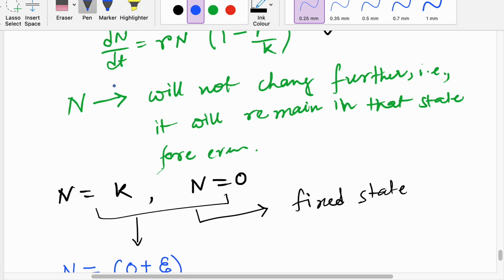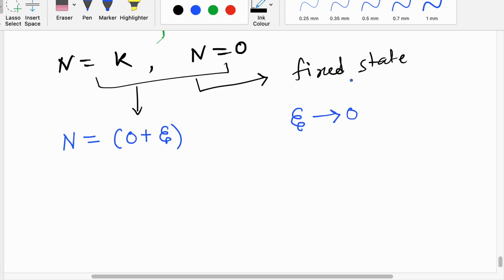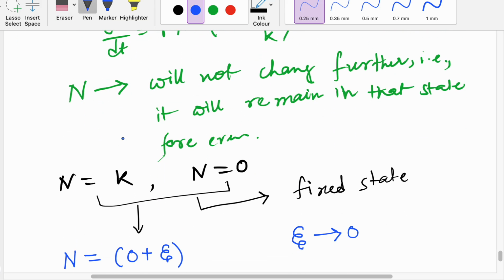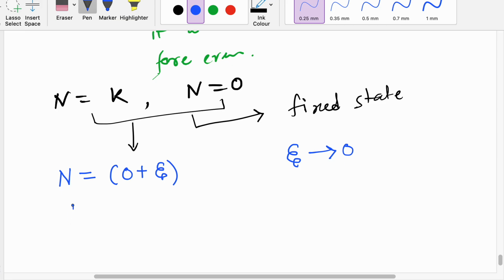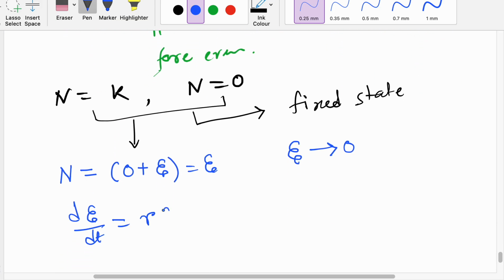Now put it in this equation. Epsilon is tending to 0, it is a very small number. So if I put it in this equation, N is epsilon, so d epsilon/dt will be r epsilon (1 minus epsilon/K).